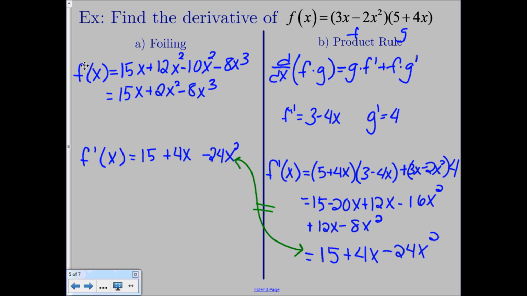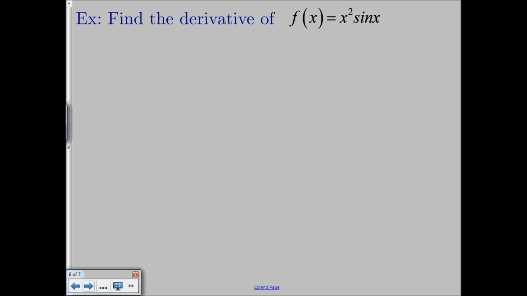So now let's try some example problems where we can't do that. We can't just FOIL them together and then take the derivative with the power rule. And we're going to go back to that first example that we had, that f of x equaling x squared times the sine of x. So again, let's write our product rule up on the board. So we got d dx of f times g.